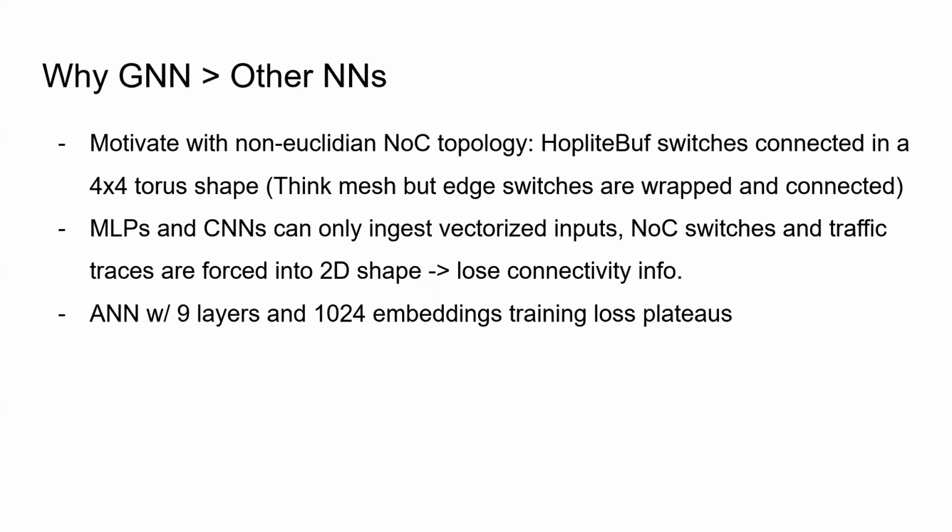They've also shown that with the ANN, which is just a simple feed-forward network using 9 layers and 1024 embeddings, so that's fairly large, on a 4x4 torus shape, the training loss plateaus. What that means is it stops learning. So they're showing a limitation with neural networks, and then bringing in why graph neural networks might be a good choice.